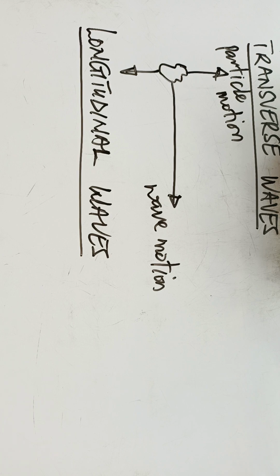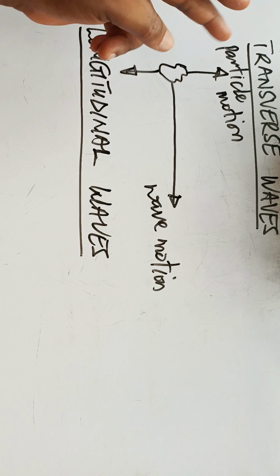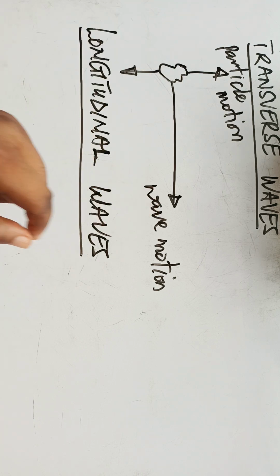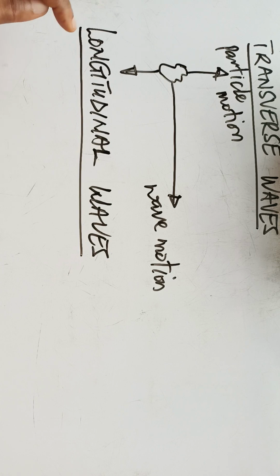So what we are simply saying is that with transverse waves, the motion of the particle in a disturbed medium is perpendicular to the wave motion, but with a longitudinal wave, it is parallel to the wave motion.